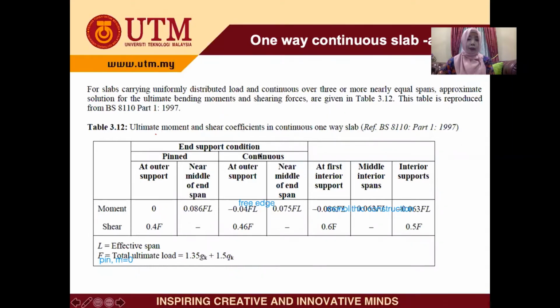Outer support continuous. Okay, now we have Table 3.12. We have a simple method to get the moment and shear force. It's just like the analysis in the beam. We have the coefficients here.